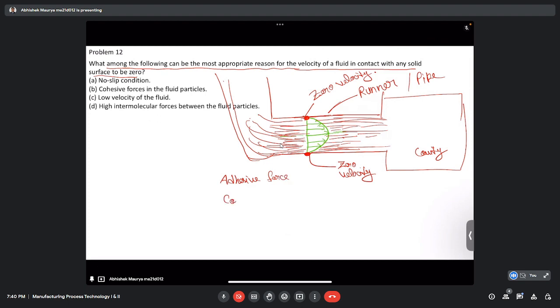Cohesive force is the force between the same kind of molecules, or a force between the molecules of the same material.